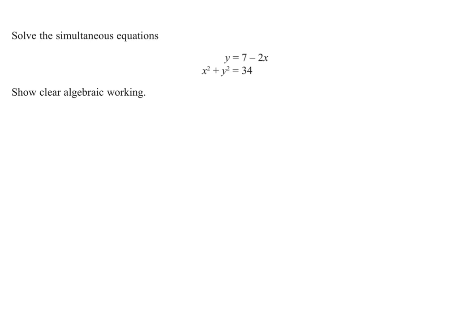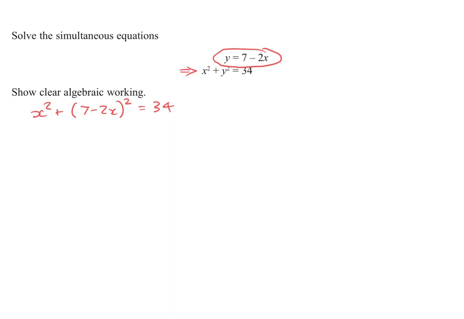So if I take my expression at the top here, y equals 7 minus 2x, and I put it into this second expression here. So I've got x squared plus bracket 7 minus 2x, so that's my value of y squared. Make sure it's inside a bracket, it's one expression representing y, and that's equal to 34.